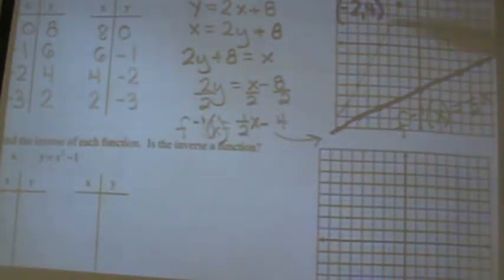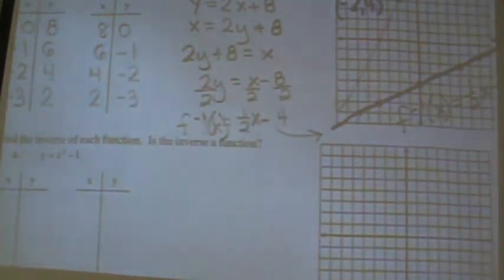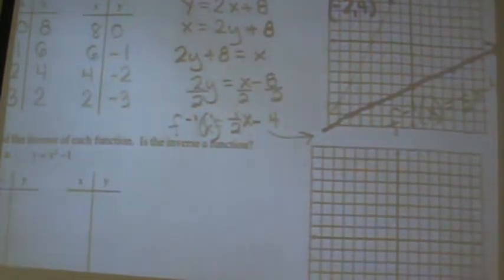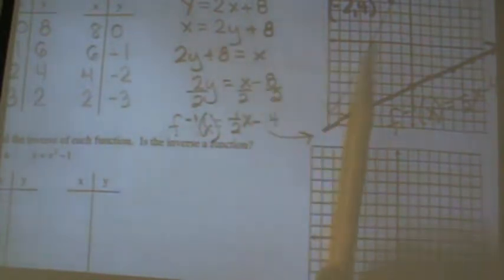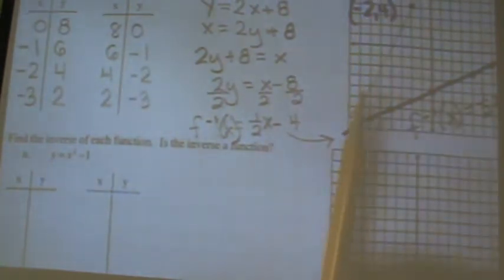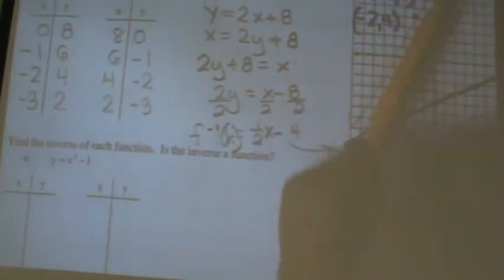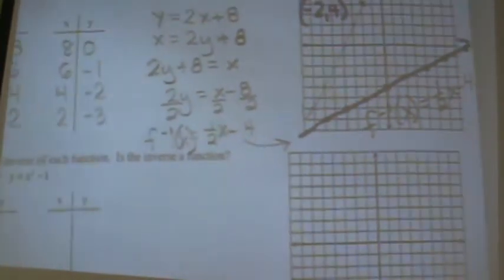If you draw a horizontal line through this function and it hits in one spot and only one spot, we can predict that its inverse will also be a function.